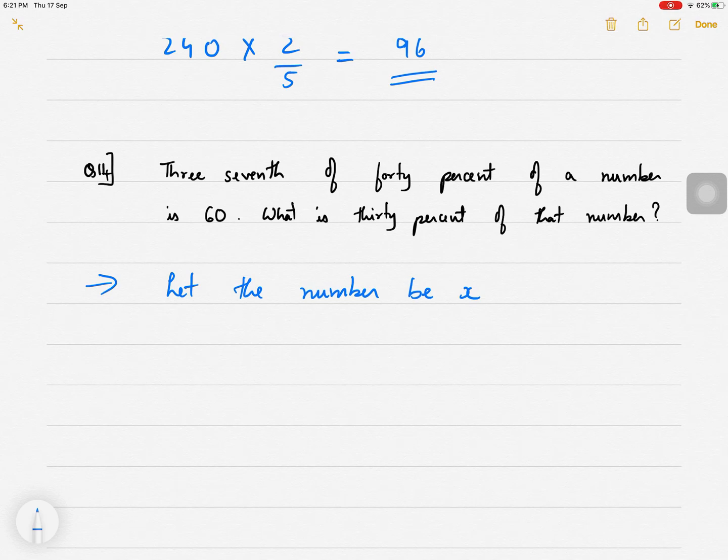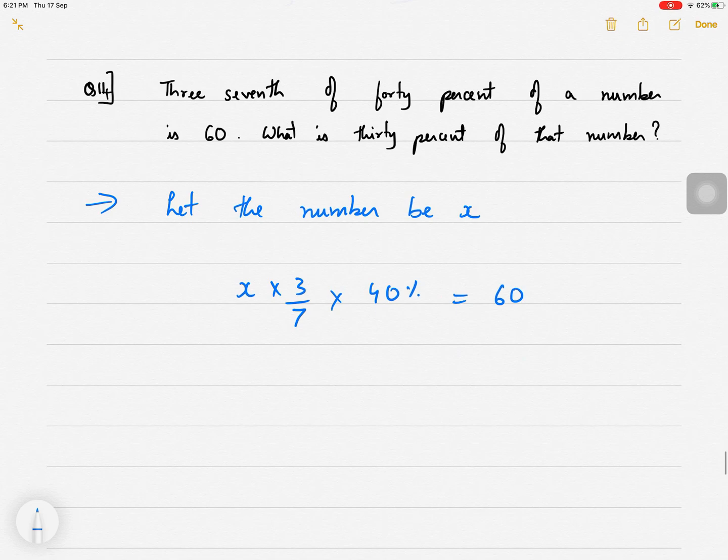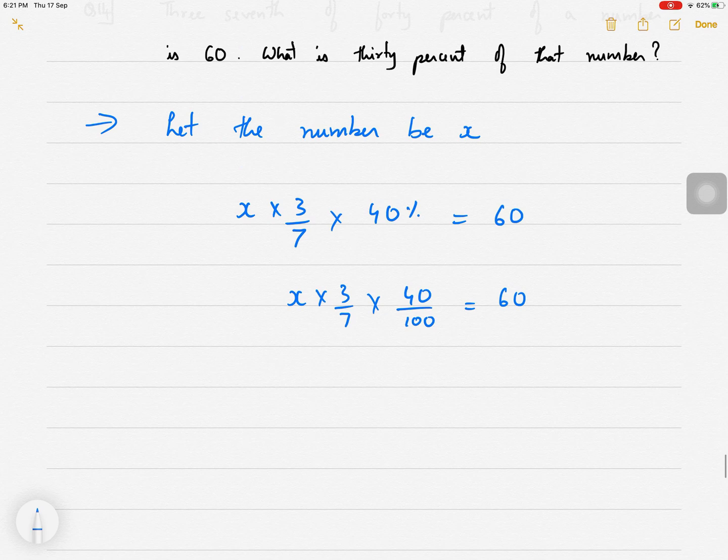So what they have said? 3/7 of 40% of a number. So our number is x. That means x into 3/7 into 40% is equal to 60. You have to find 30% of x. Okay. So which I can write like this: x into 3/7 into 40 upon 100 is equal to 60.